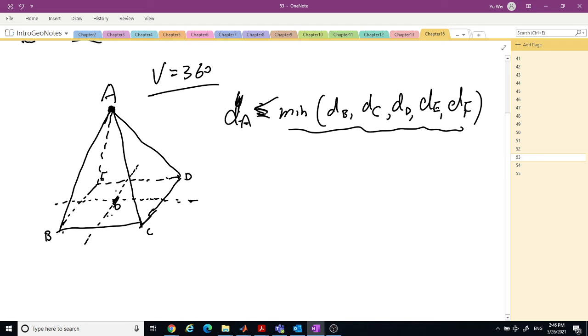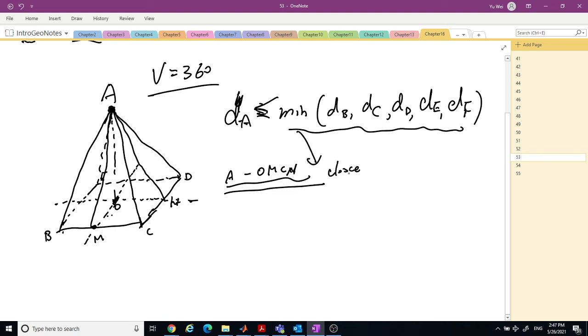If my point is within the region of A, then on this side, my closest, the smallest, is DC.